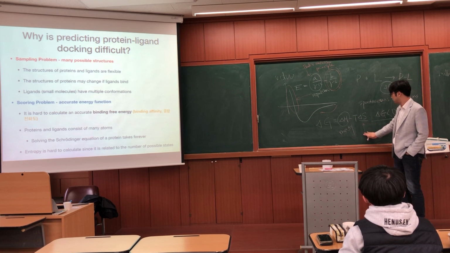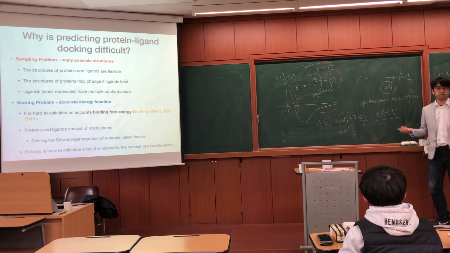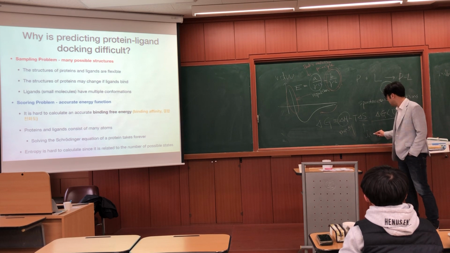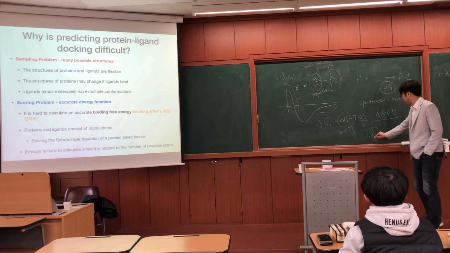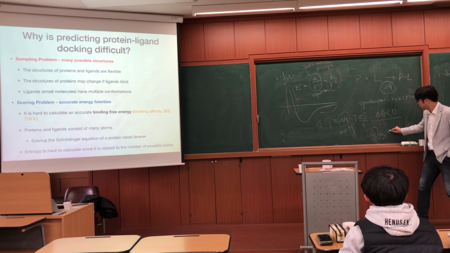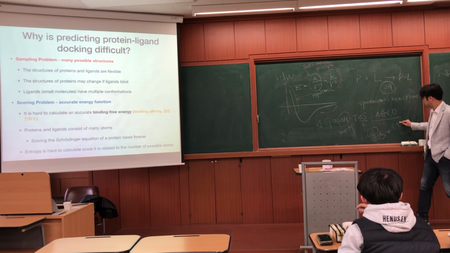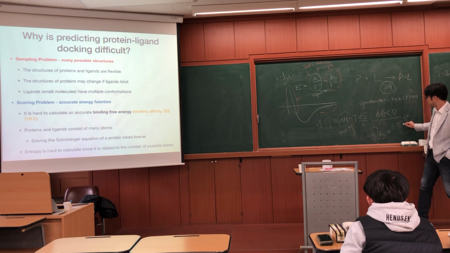What is the definition of entropy? The definition of entropy is the log of omega, where omega is like the number of possible states.